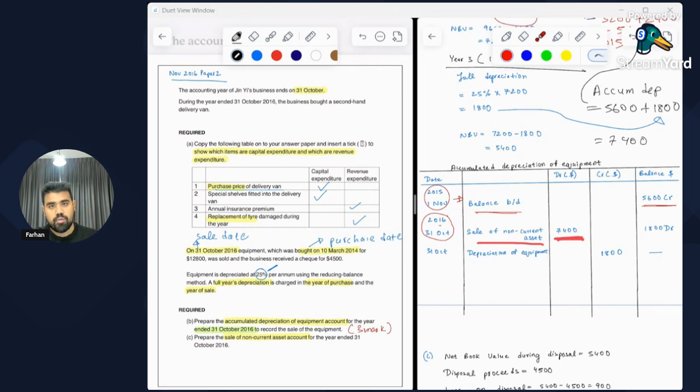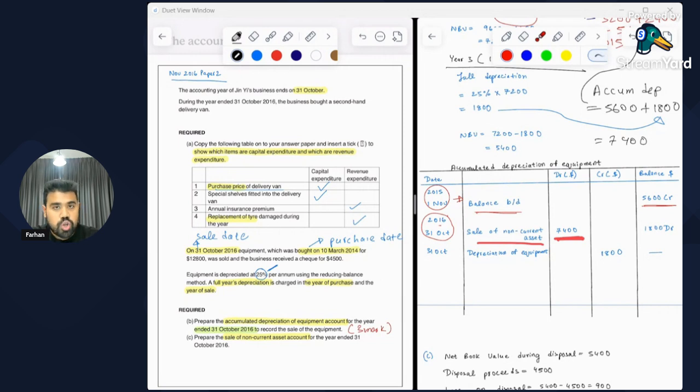Because think about it. When you have sold a non-current asset, you need to remove the accumulated depreciation from the books. You need to reflect that within the books or within the accounts, right? So accumulated depreciation of equipment needs to go down because now you have got rid of the accumulated depreciation for an equipment which we have already sold.